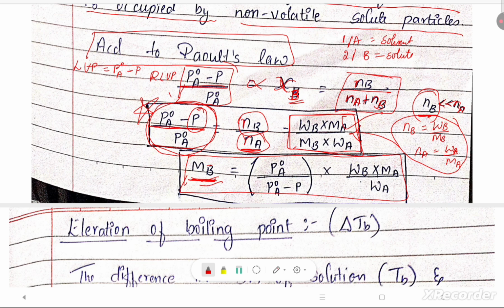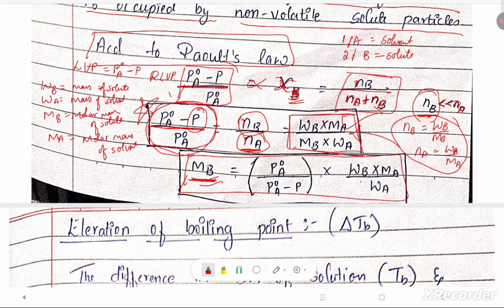What is Wb? Wb means mass of solute. Wa means mass of solvent. Mb means molar mass of solute. Ma means molar mass of solvent.